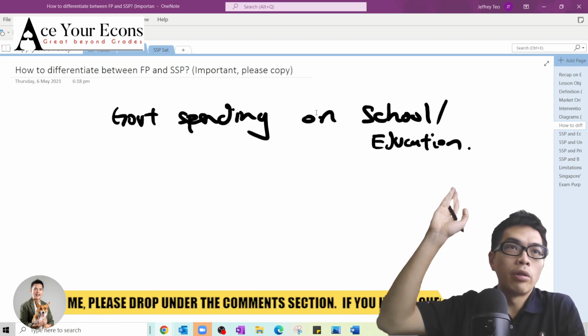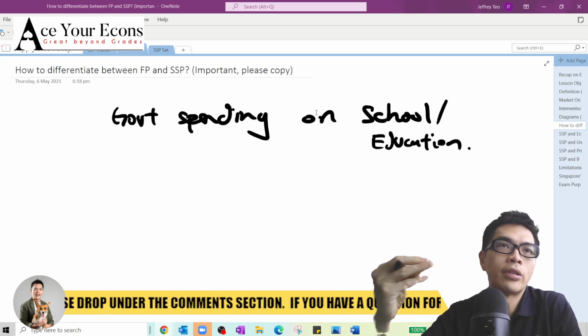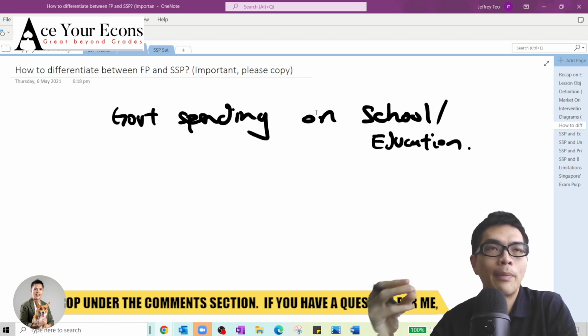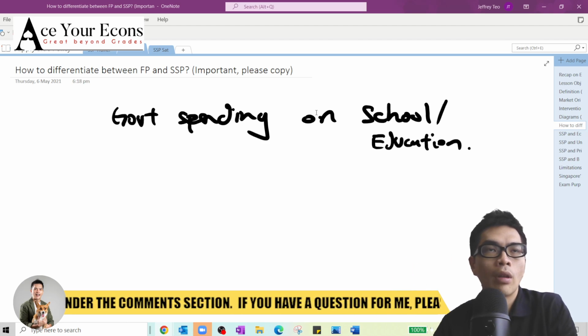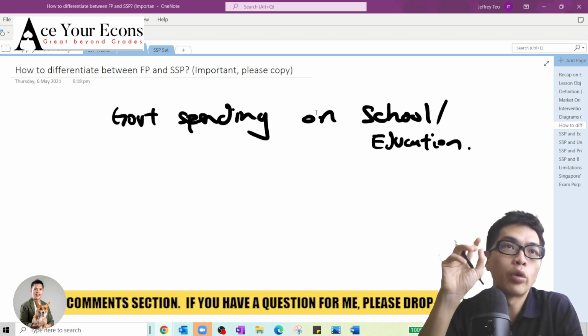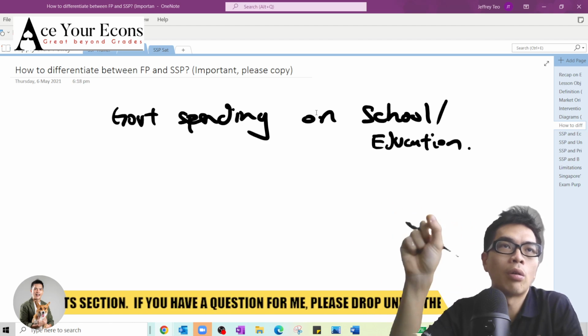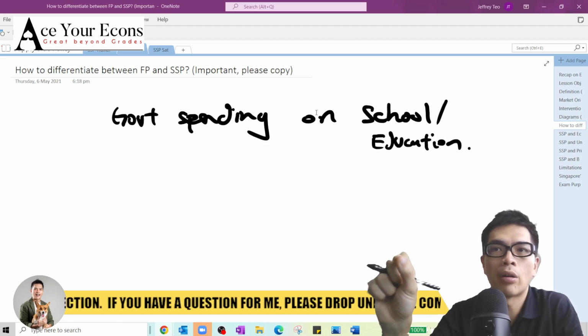Because if we focus on supply side policy, in the short run there is still involvement of government spending, so there must be demand effects. But you need to know which one is the primary focus, and the primary focus is tied to whatever question or problem you deem to be a priority.